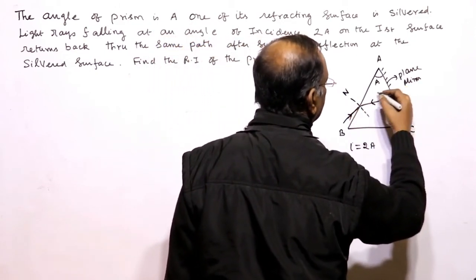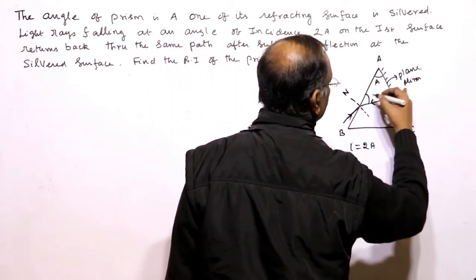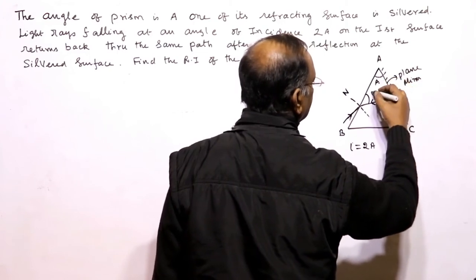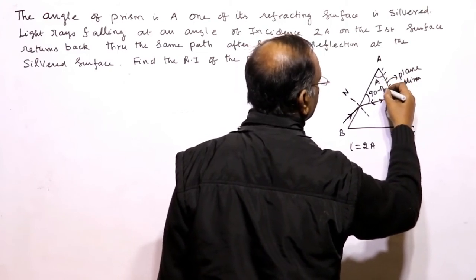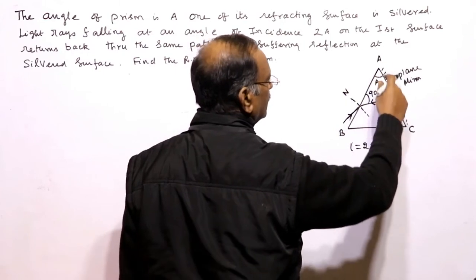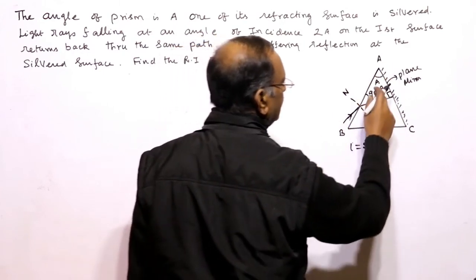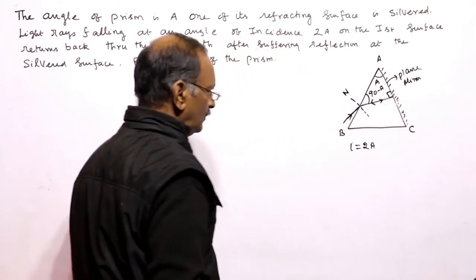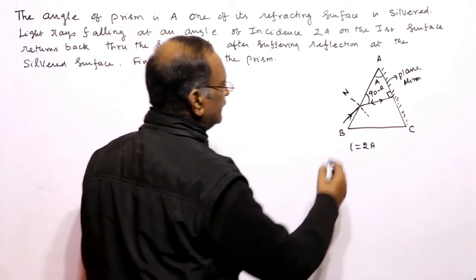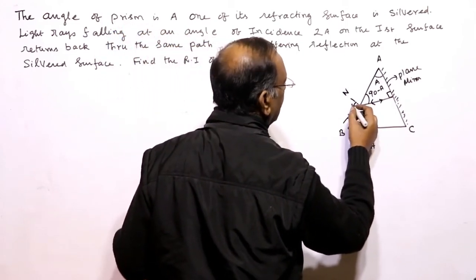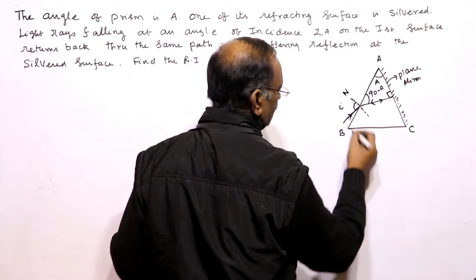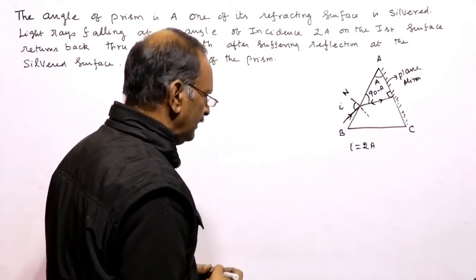So if this is 90 degrees and this angle is A, this will be 90 minus A, so that the sum of all three angles, 90 minus A plus A plus 90, is equal to 180. This is the angle of incidence I, which is equal to twice the angle of prism.